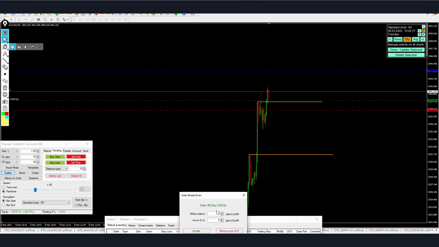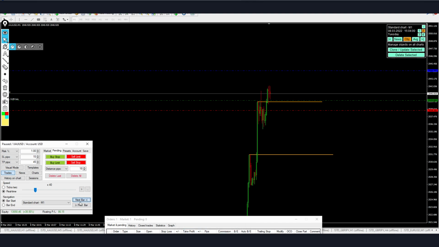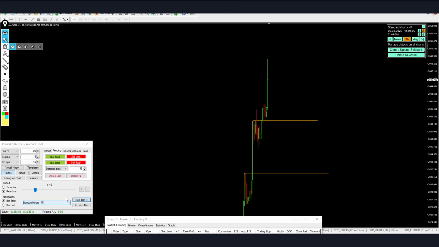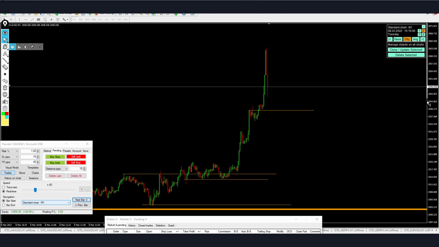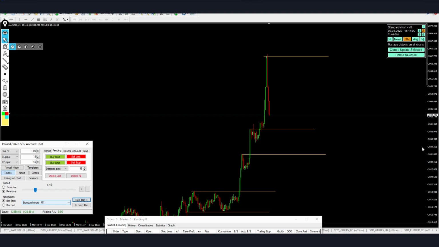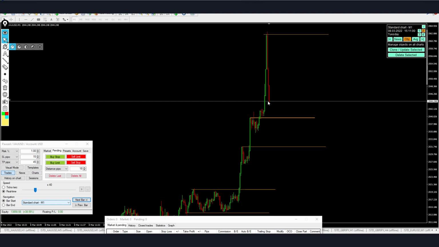It goes to break even at 25. Okay, good. Wow, it just pushes up. Lots of volume. Let's just continue looking at it. Okay, this is under a 70 pips move.